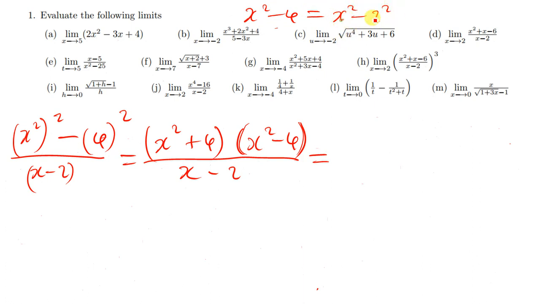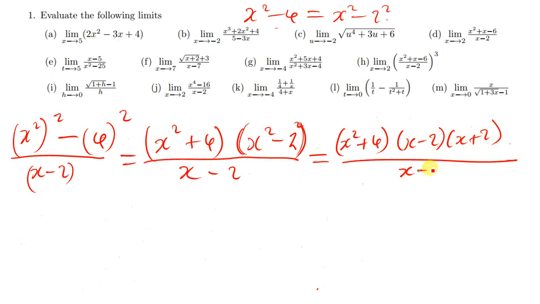You see that we have two numbers which have been squared subtracting themselves. Hence, this 4 can also be written as 2 squared. So we can further simplify this as x squared plus 4, then in these brackets we're going to have x minus 2 and x plus 2, then everything divided by x minus 2.